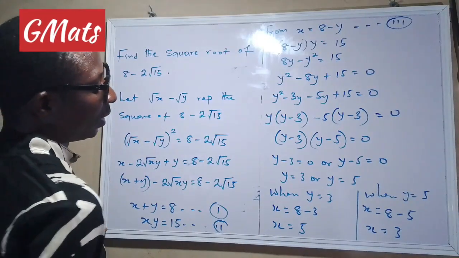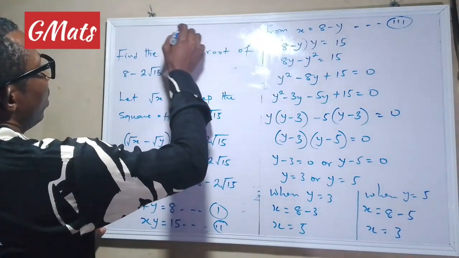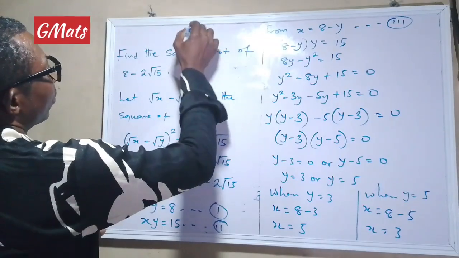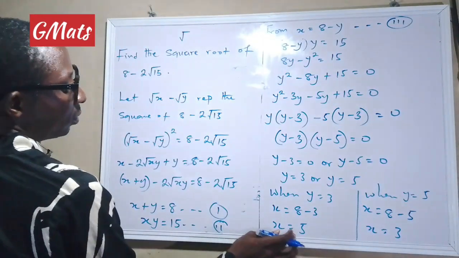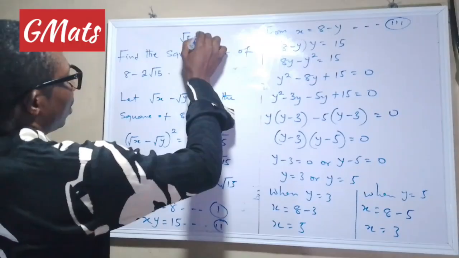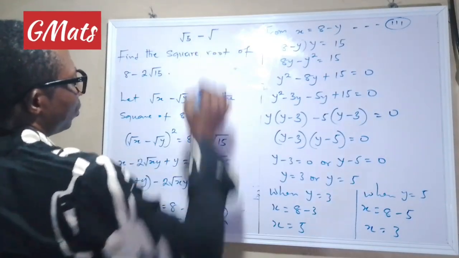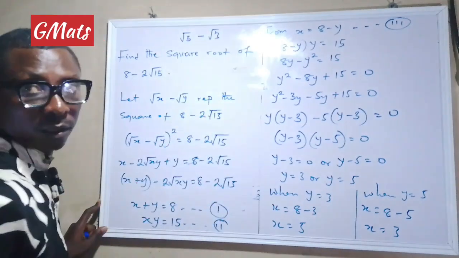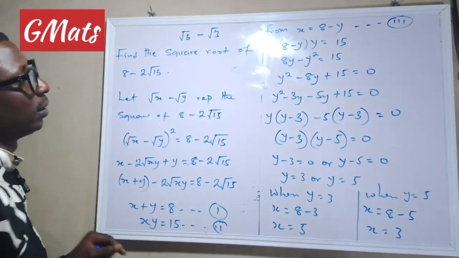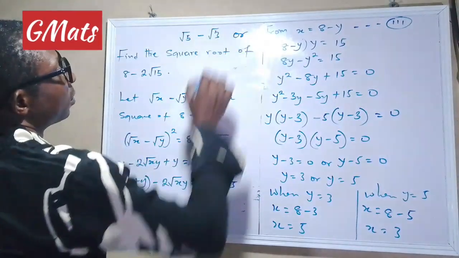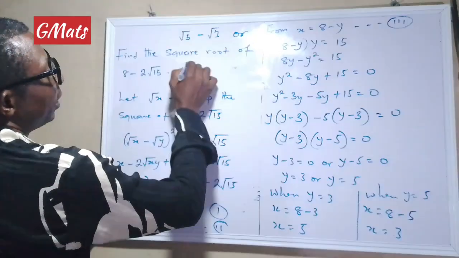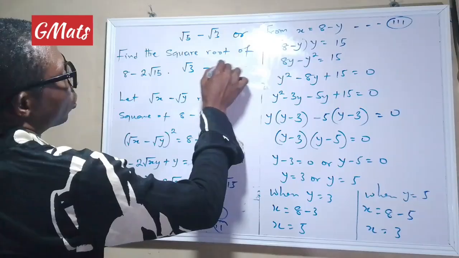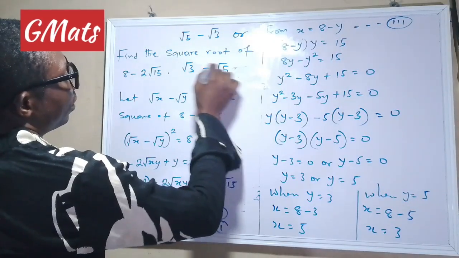So the square root will be square root of 5 minus square root of 3, or square root of 3 minus square root of 5.